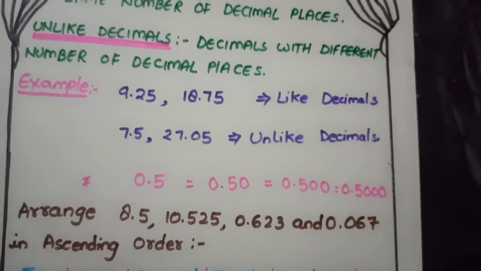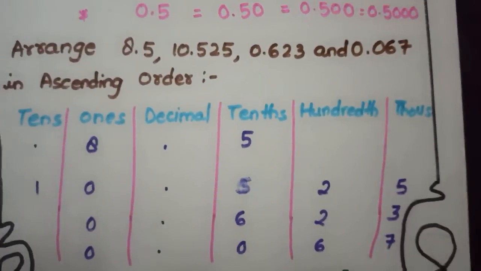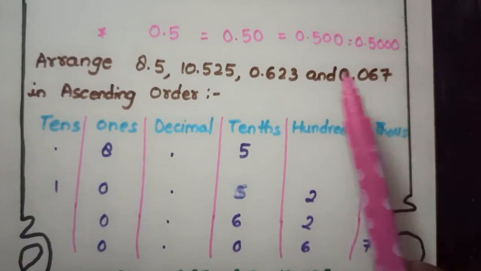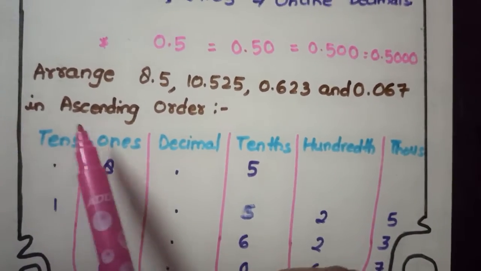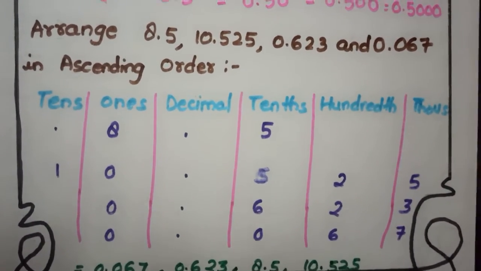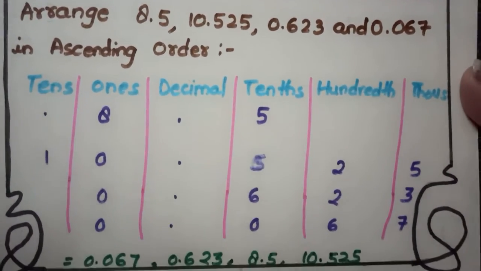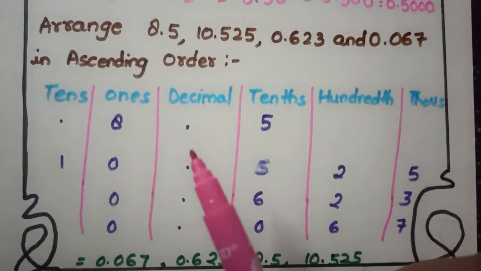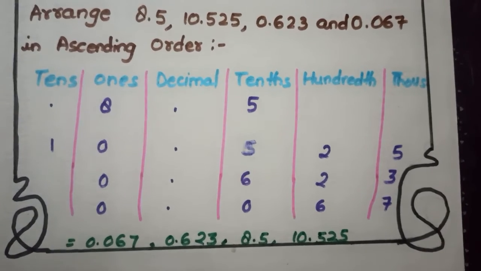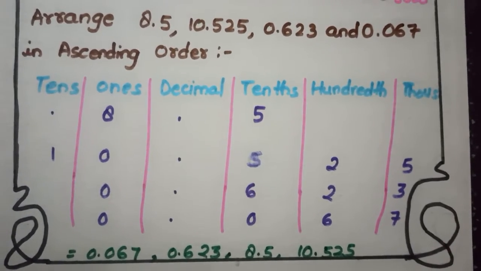Now we will see an example how to arrange different decimal numbers given in the question in ascending order. And I hope you all remember what ascending order is. Ascending order is the order in which we arrange the numbers from smallest to largest, right?